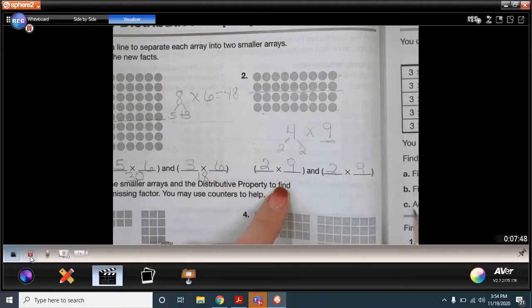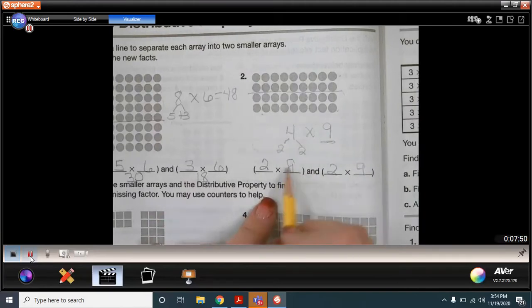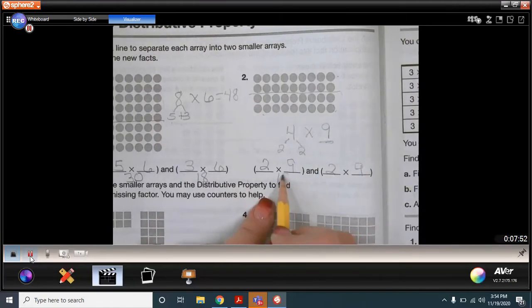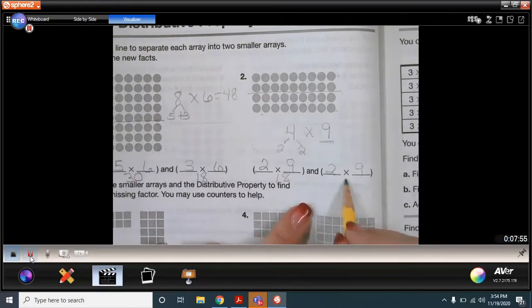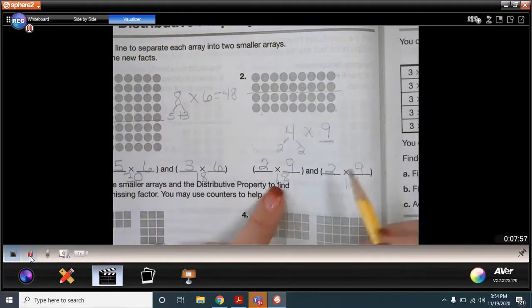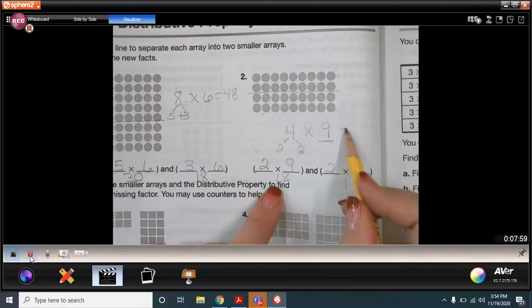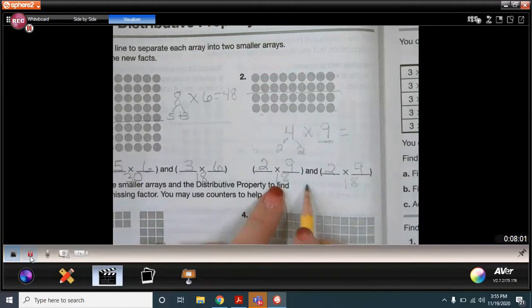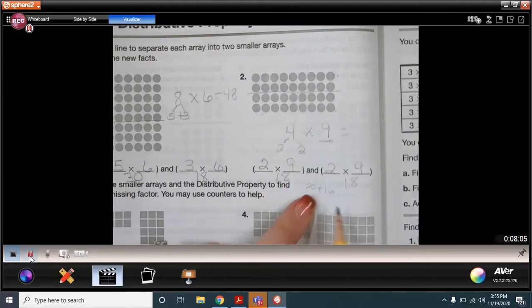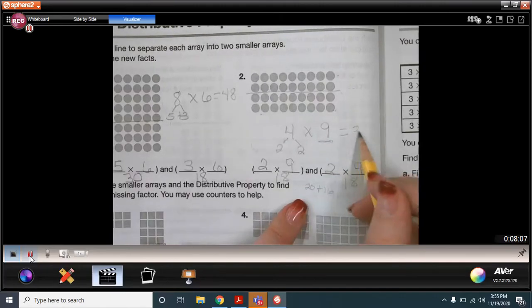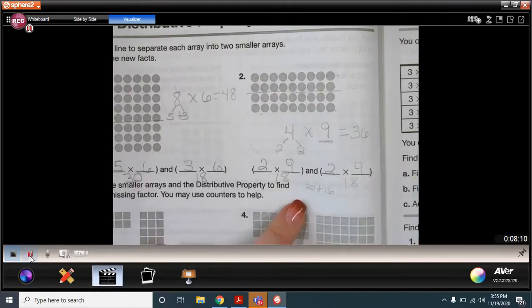When I break this apart, it's 2 times 9 is going to be 18, and 2 times 9 is going to be 18. And when I add 18 and 18, 10 and 10 is 20, 8 and 8 is 16, and 20 and 16 is going to be 36.